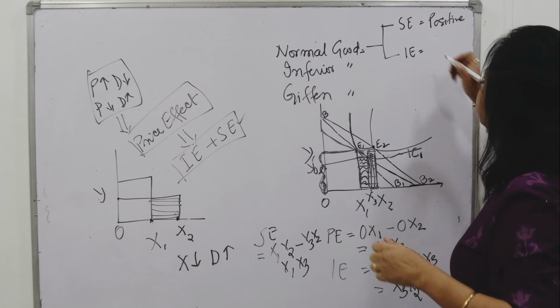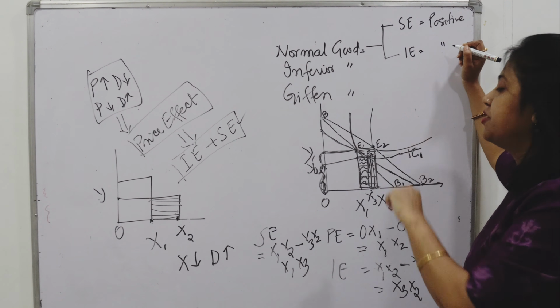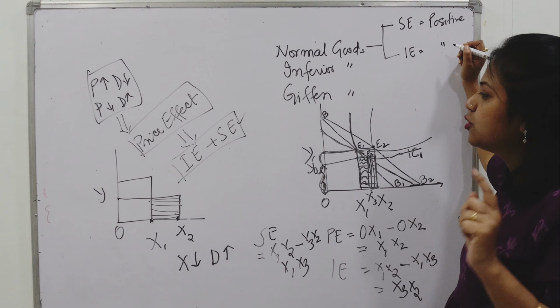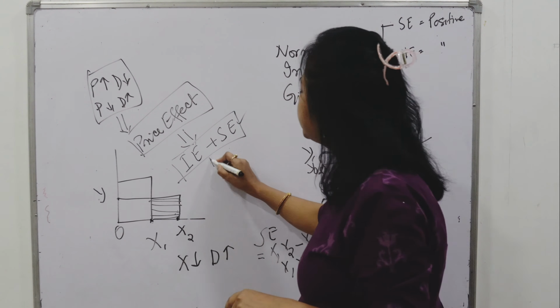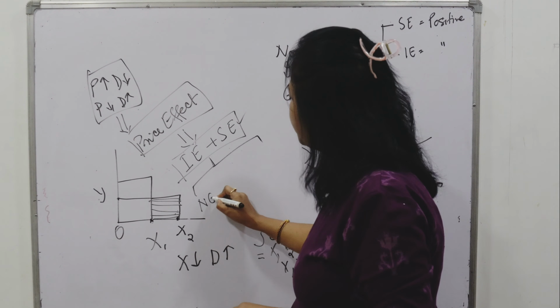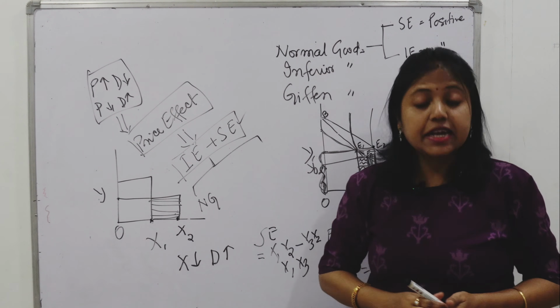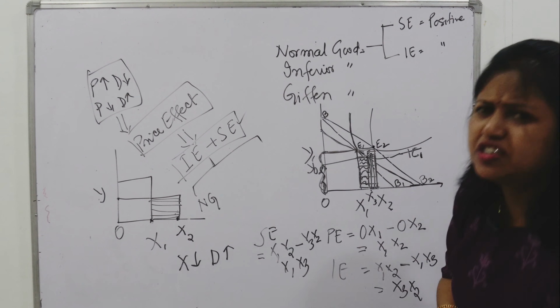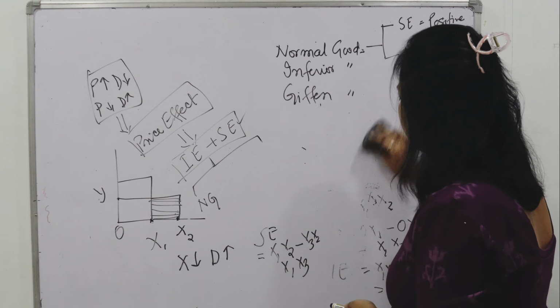Coming to what are inferior goods? So we have understood the income and substitution effects in case of a normal good. Same phenomenon: if the good is normal, then the income effect will be positive, because as income rises, people will buy more of that commodity.